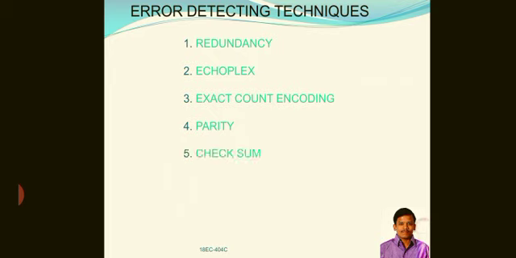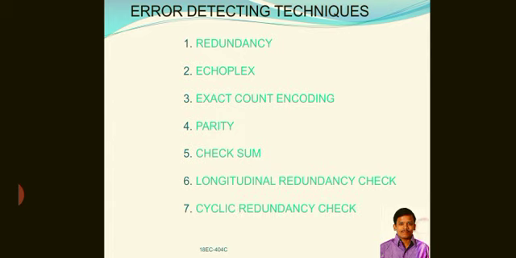Next, checksum. Next, longitudinal redundancy check. Next, cyclic redundancy check. These are some of the techniques used for error detection in digital communication, which find out whether an error has occurred or not.